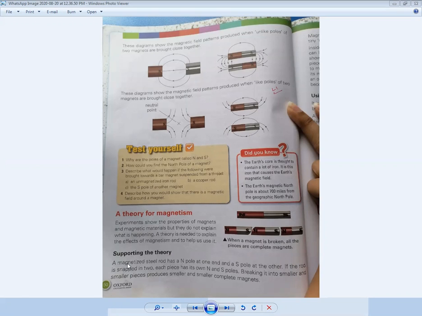If you break this rod into smaller and smaller pieces, each and every small piece will convert into a complete magnet, with north and south poles in them. Now we will go to the next page.